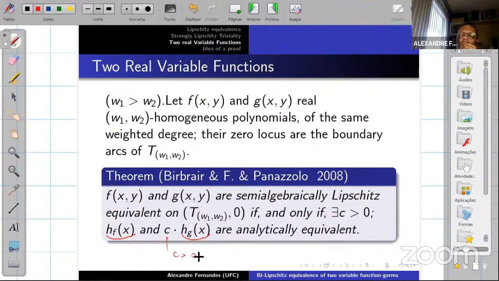This gives us somehow that Lipschitz equivalence is close to the analytic equivalence. So at least up to a kind of desingularization, Lipschitz equivalence of weighted homogeneous functions gives us some analytic equivalence of the functions up to a desingularization. These height functions are somehow a desingularization of the weighted homogeneous function.